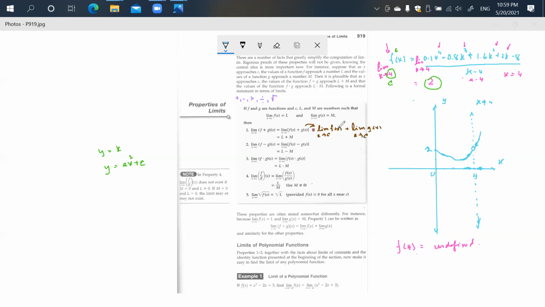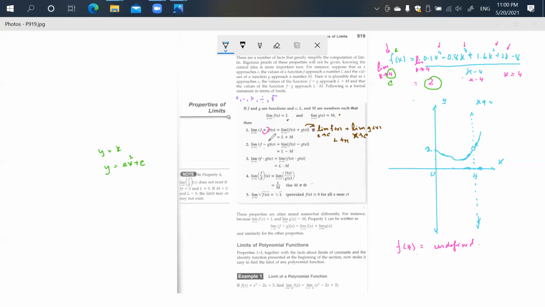The limit of f of x as x approaches c equals what? L, right? So you replace it with L. Plus limit of g of x when x approaches c equals m. So you write m down. Okay, so this is the property of limit number one for the plus sign.